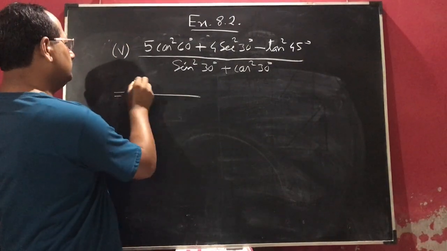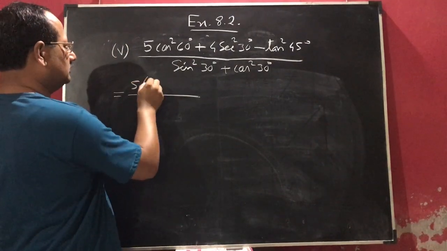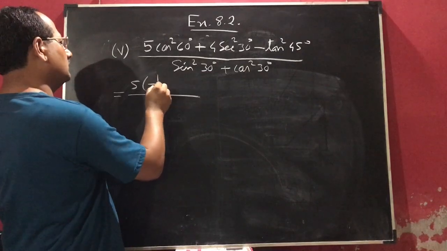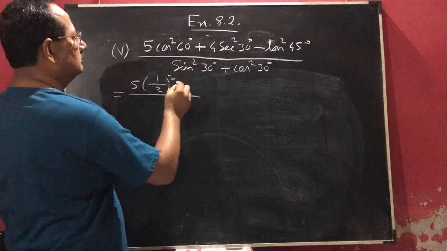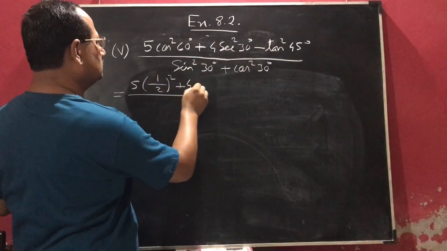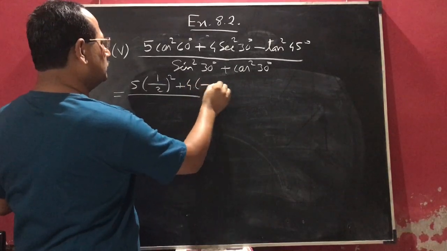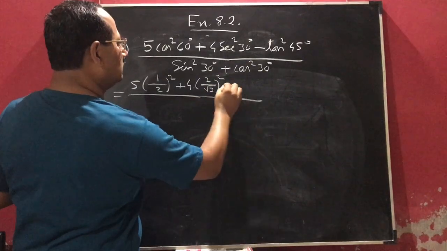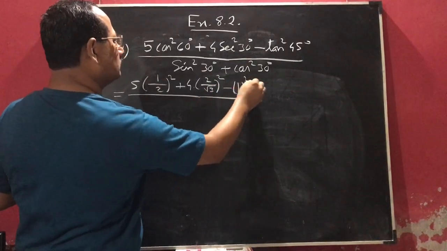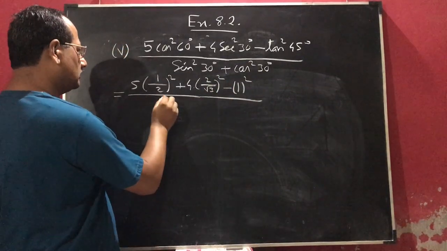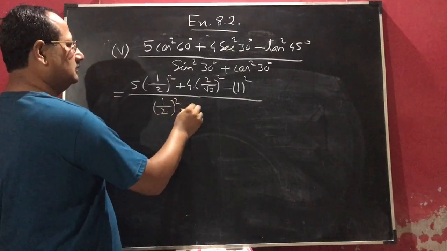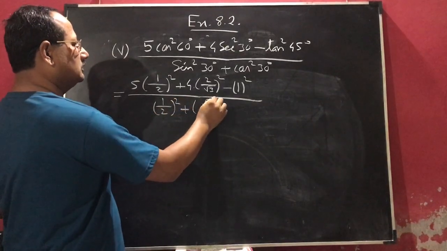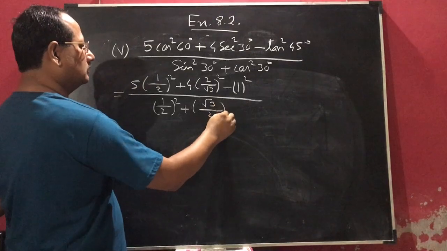That is equal to 5 cos square 60 degree is 1 by 2 whole square, plus 4 sec 30 degree 2 by root 3 whole square, minus 1 square. Sin 30 degree is 1 by 2 whole square plus root 3 by 2 whole square.